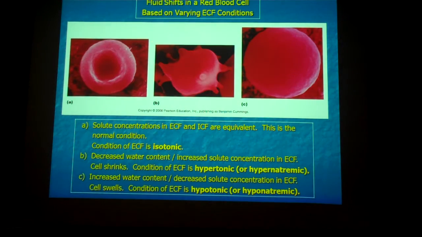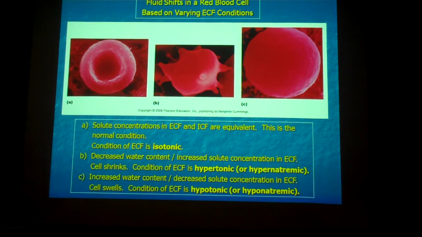Here's another way of looking at it. These are red blood cells. So that looks like a fairly normal red cell, doesn't it? All right. What do we know about this cell? We know that the osmotic concentration on both sides of the cell membrane is even, because this is a nice, healthy looking red blood cell.